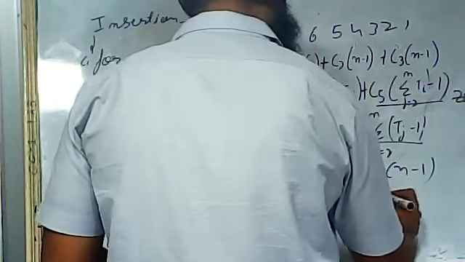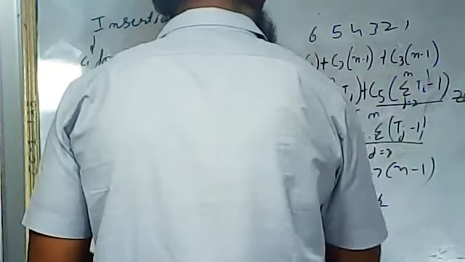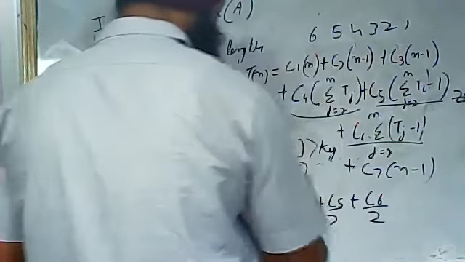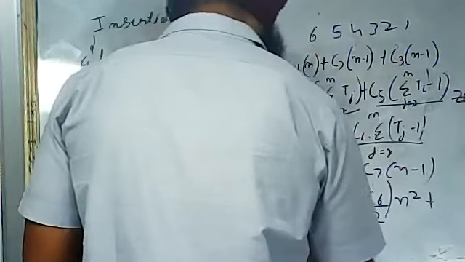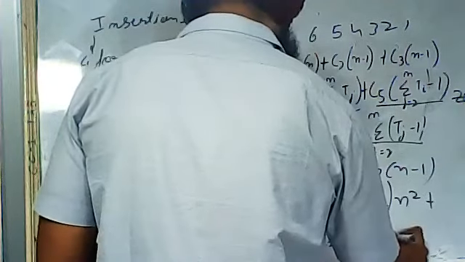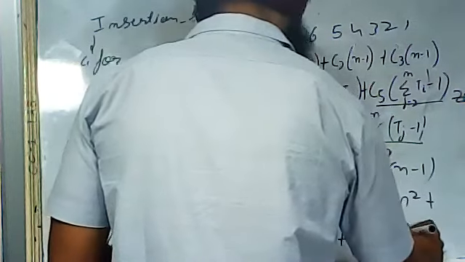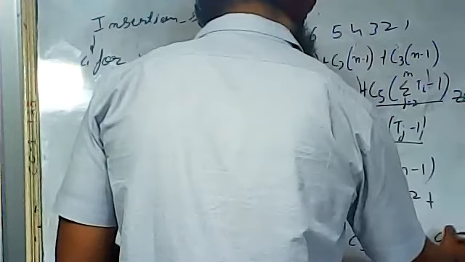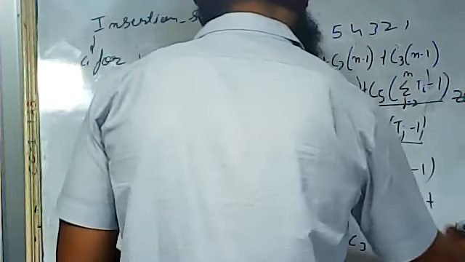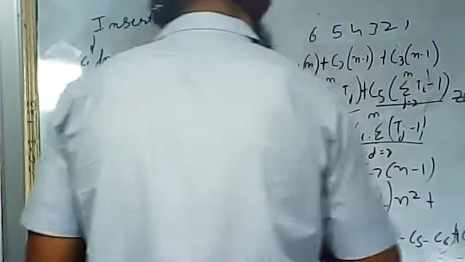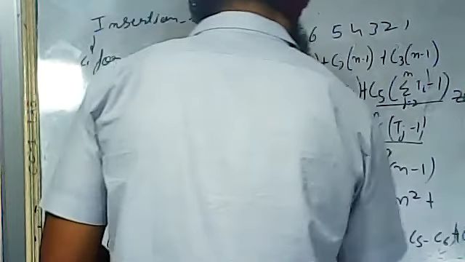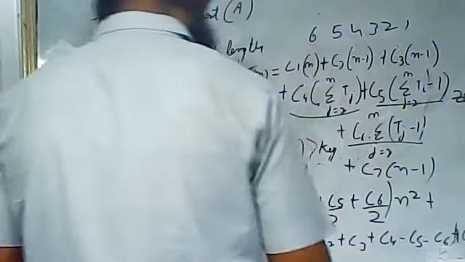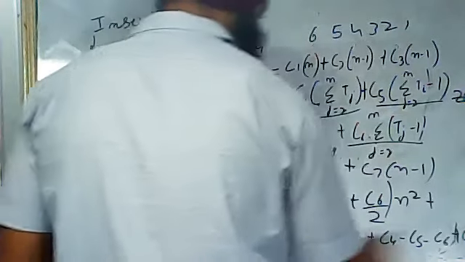After solving it, I'll write C6 by 2, and this is our whole time T(n): n square by 2 into (C4 plus C5 plus C6) n square, plus (C1 plus C2 plus C3 plus C4 minus C5 minus C6 plus C7) into n, and there will be one more term without n because minus 1 will be there.